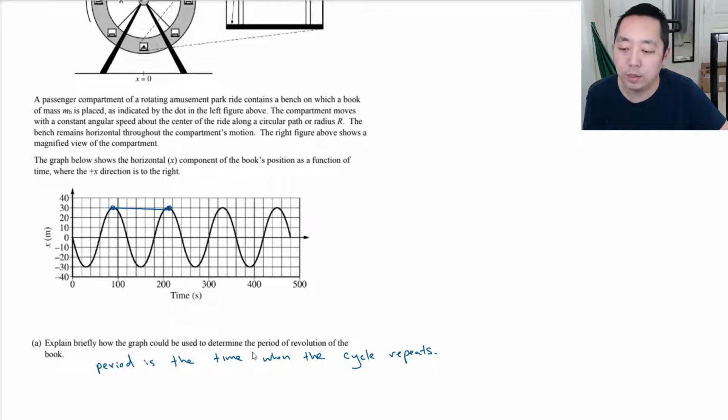It is the time it takes for the cycle to repeat. You can measure peak to peak. Okay.